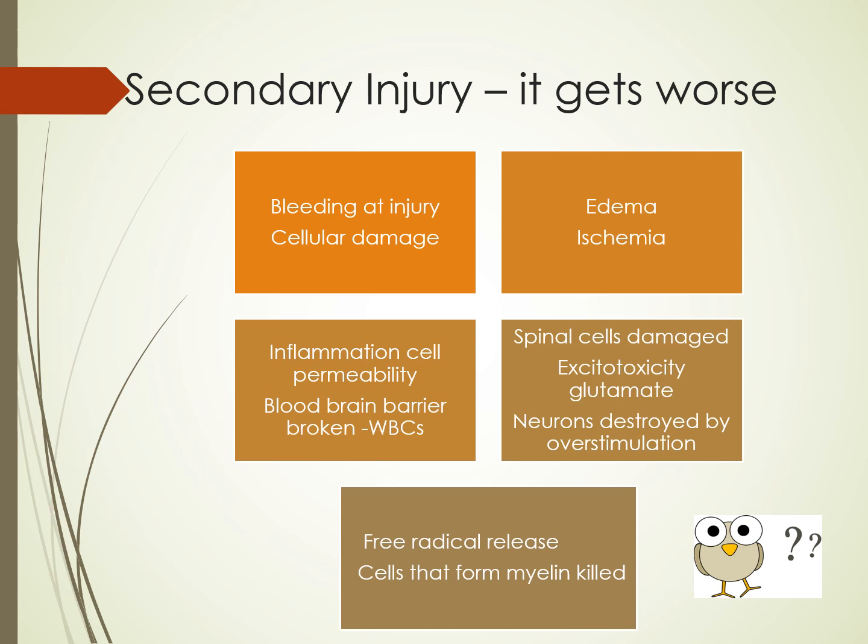Also within that area, inflammation causes cell permeability. So what normally wouldn't be going in through that blood-brain barrier, now, because that's been broken, you get WBCs and things that shouldn't be within that cervical spinal cord are escaping in with the cell permeability.